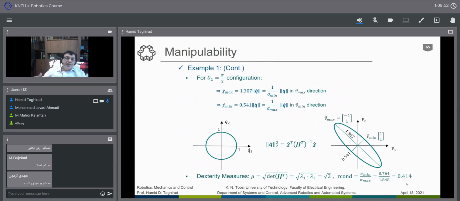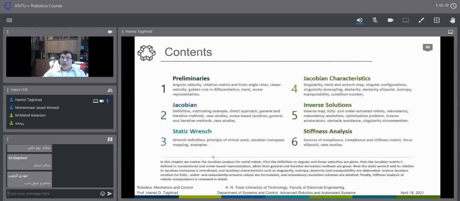This is some middle space. So there are a lot of calculations here. I don't want to bother you with all this calculation. More than that, I would like to give you the direction of how this ellipsoid comes into the picture. Are there any questions up to here?